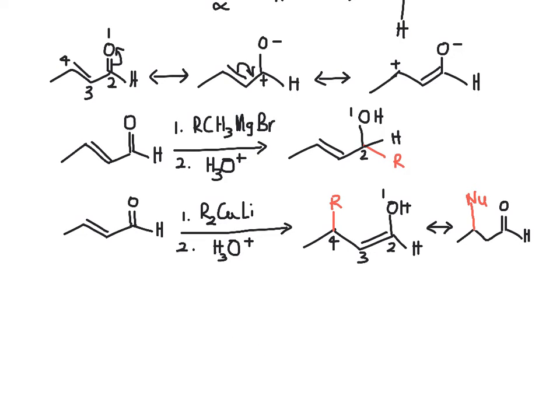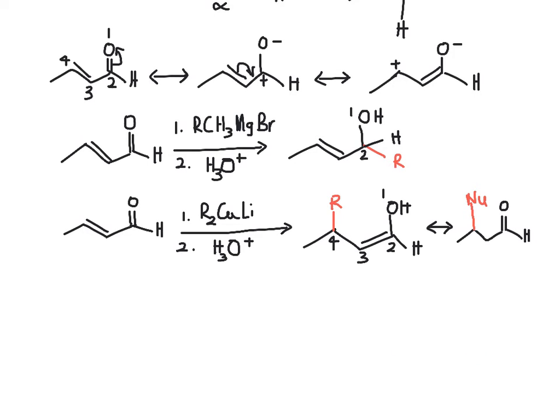So it gives the system time to rearrange with the beta carbon being positively charged, so the nucleophile can attack that position. And it initially makes an enol, which would right away rearrange back to the carbonyl.